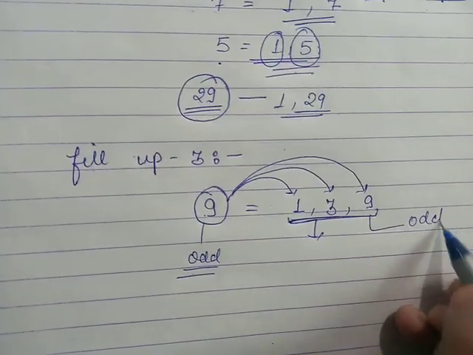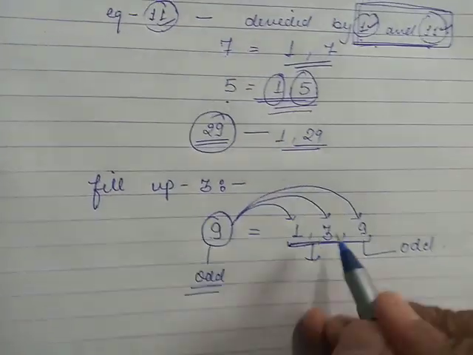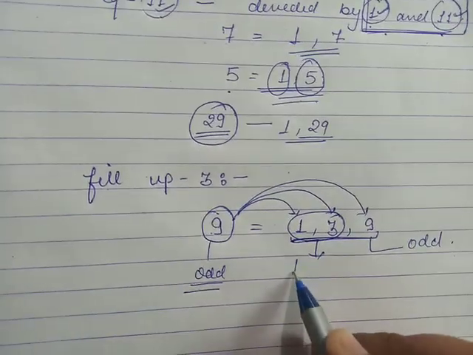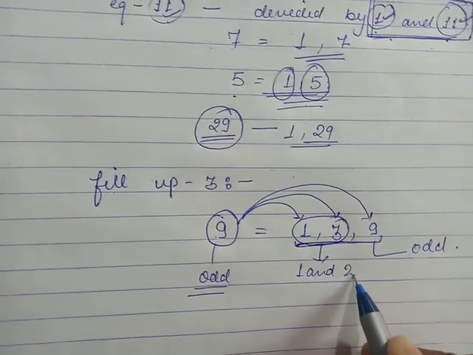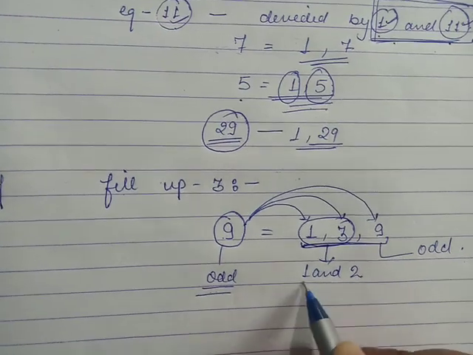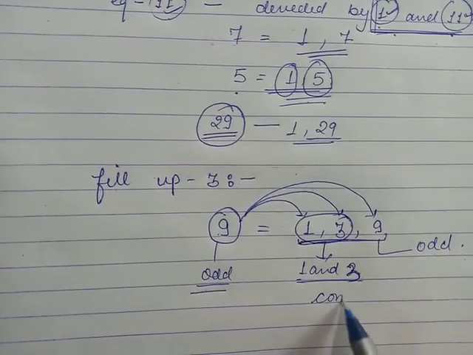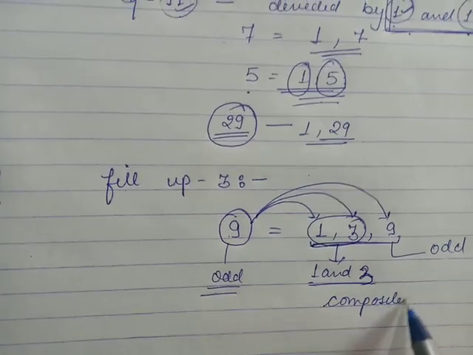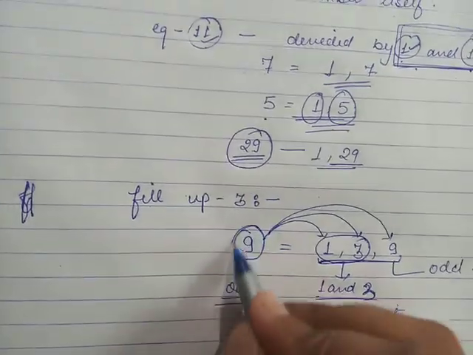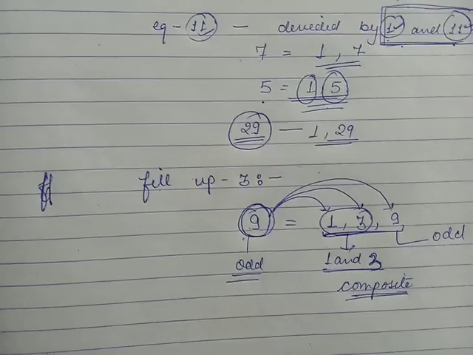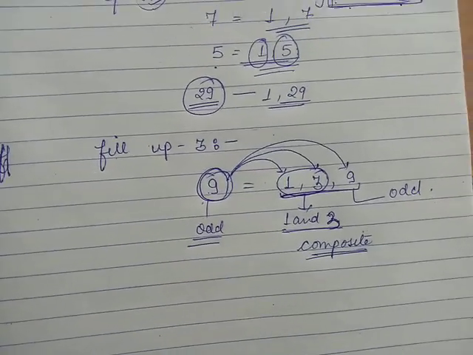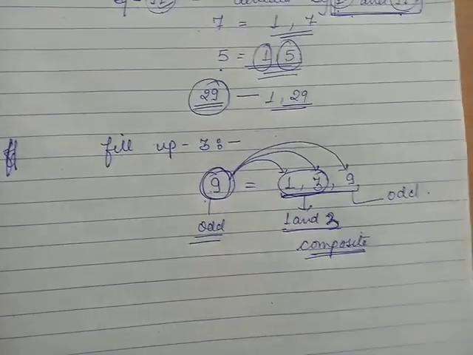The factors 1 and 3 multiply to make 9, so 9 is composite. That's why 9 fulfills the criteria of this fill up, so our answer will be 9.